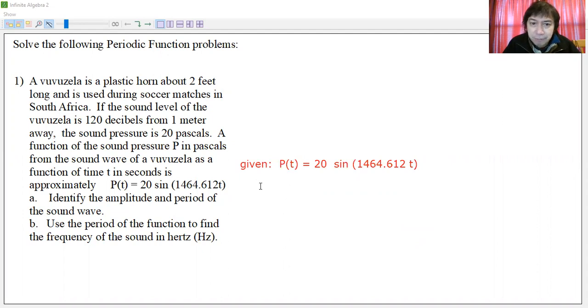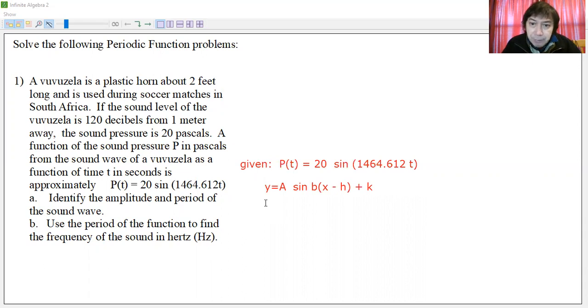Our sine graph looks like y is equal to capital A sine of b times the quantity x minus h, plus k, where A is for the amplitude, h is for the horizontal translation, and k is for the vertical translation. In the given, we don't have the h and the k, so this is simply reduced to y is equal to A sine bx.